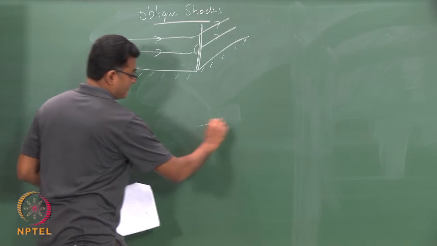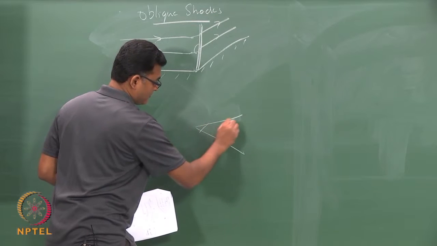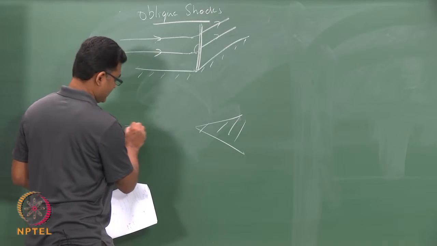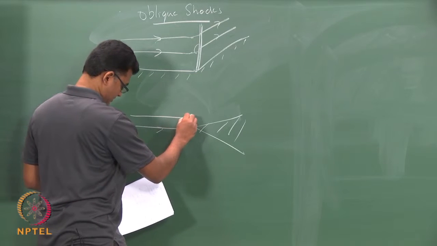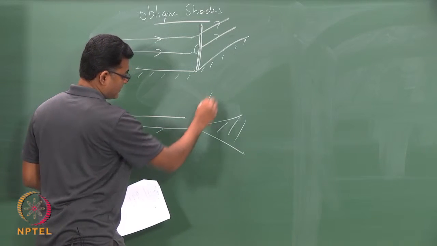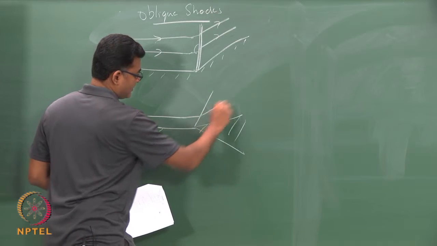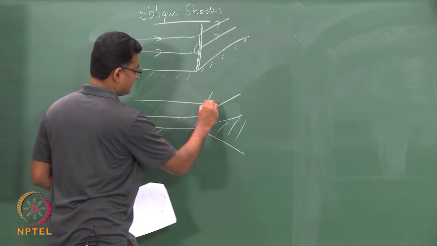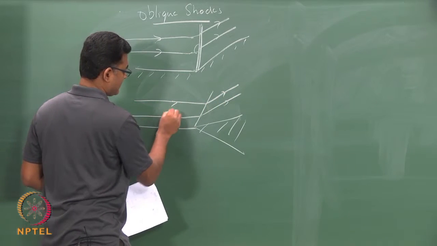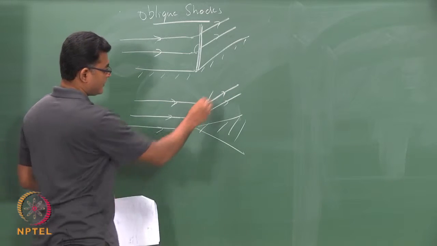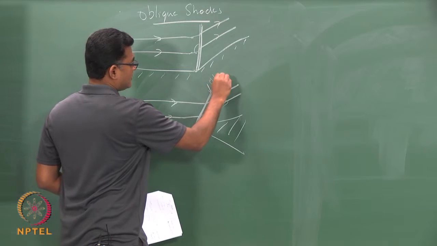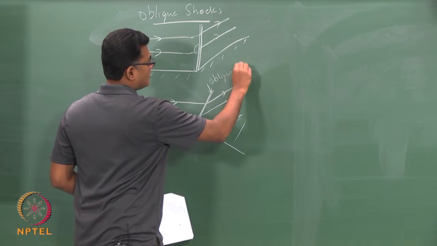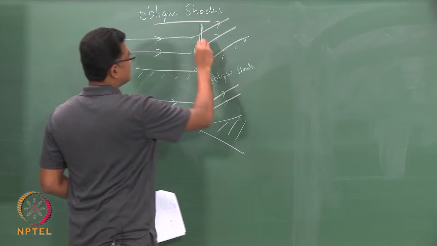Or if we have a left body that is facing, so I have a streamline that is coming, and then it is deflected this way. We are going to discuss these kinds of shock waves.